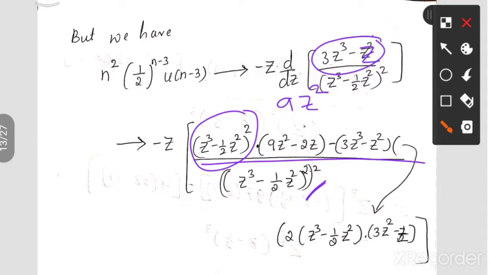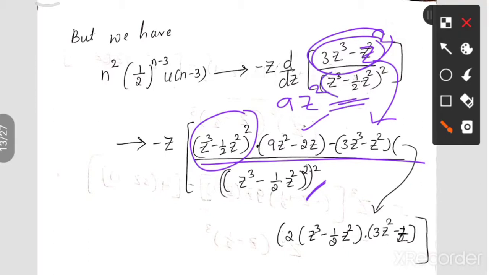Z square's differentiation is 2z, minus, okay, minus, keep the numerator as it is, that is 3z cube minus z square as it is, into differentiation of this.